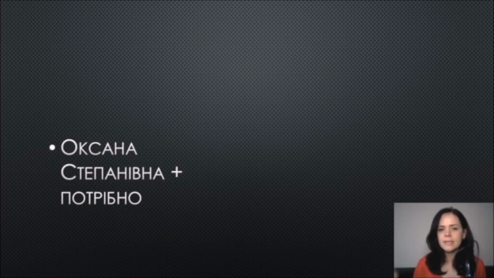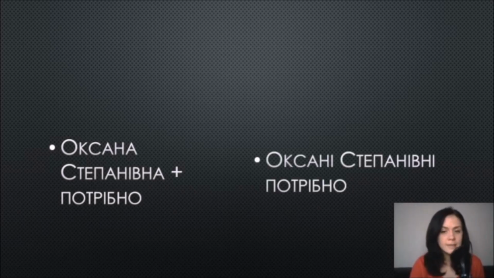Next. Оксана Степанівна and потрібно. Оксана Степанівна, again, a feminine name with a patronymic attached. And потрібно means, that's the way to say that somebody needs something in Ukrainian, right? So to say that Oksana Stepanivna needs something, we will say Оксані Степанівні потрібно.